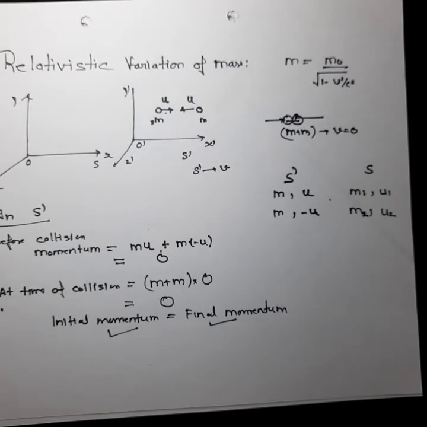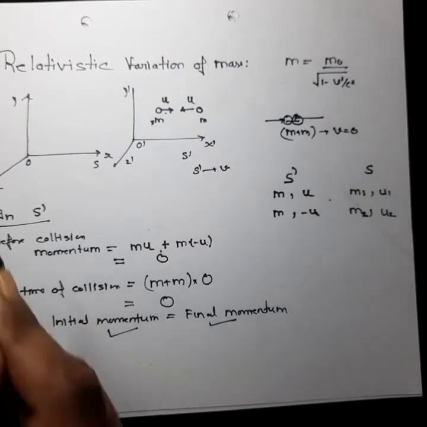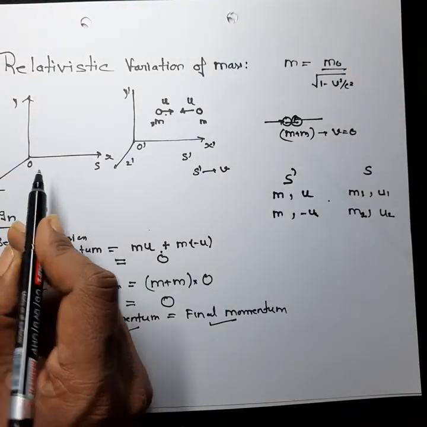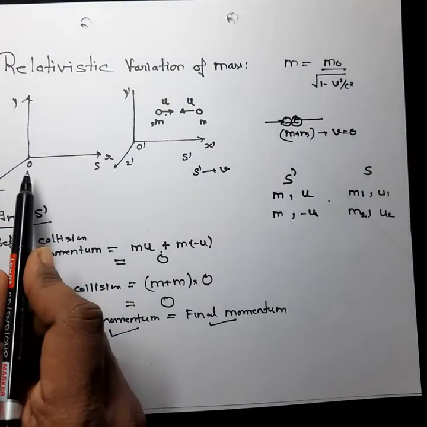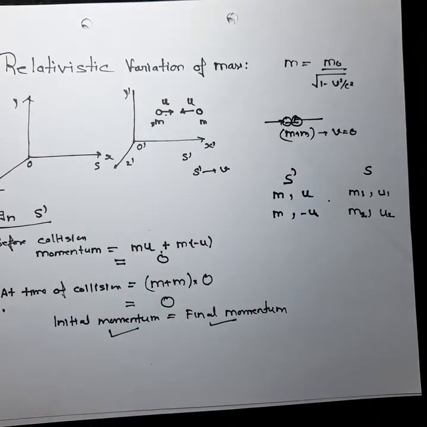Now let's see what happens in the S frame of reference. For the observer S, how will the observer see these two events, before collision and after collision?